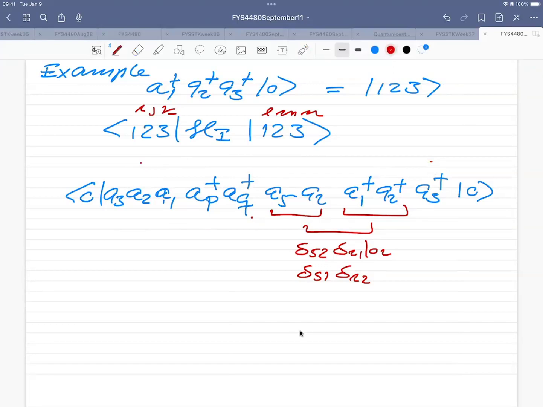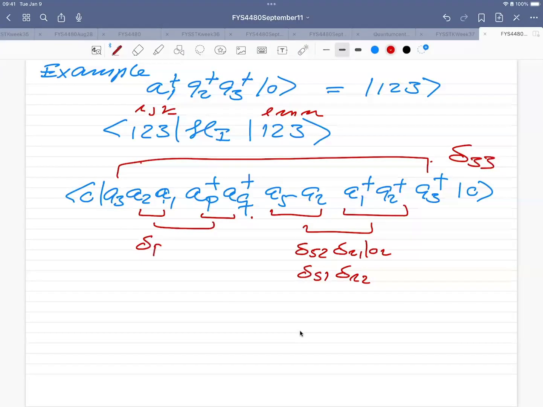So if I now look at the possible contractions, if I take these two, I can pair them up here. And that means that I have a delta 3, which obviously has to match 3. And then in this particular case, I can have delta P1 and delta Q2, and then I can have a delta P2 and a delta Q1.